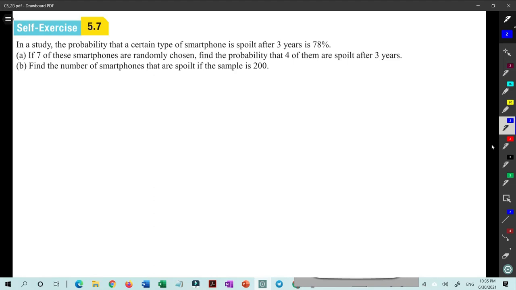Taking getting a spoiled smartphone from a number of trials as a probability of success, the value of P is equal to 0.78. And if you look at question A, if 7 of these smartphones are randomly chosen, the value of n is going to be 7.